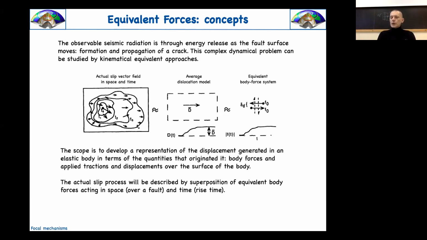Pure shear dislocation. Then we can integrate it. We can consider an average dislocation model with a given slip on a given area and with a given time, and this is called rise time. Then the equivalent body force that can represent the radiation of this mechanism is a pure double couple, from the representation theorem.